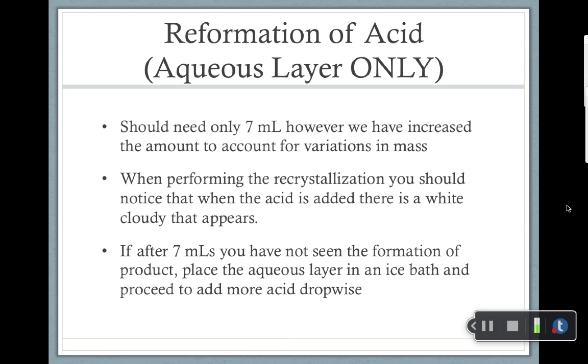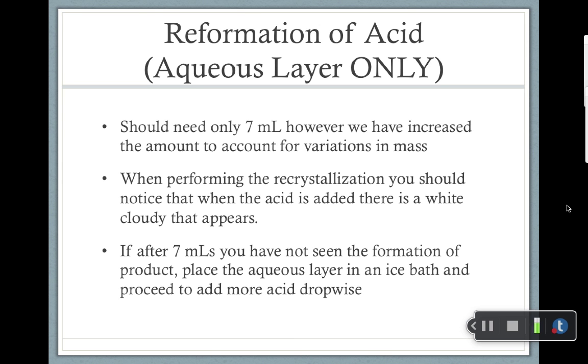So when you reform the acid, this is the aqueous layer only, so definitely make sure that you're labeling your organic layer separately from your aqueous layer. You should only need 7 milliliters of hydrochloric acid. However, the procedure should show an increased amount to account for variations in the mass that you weigh out.